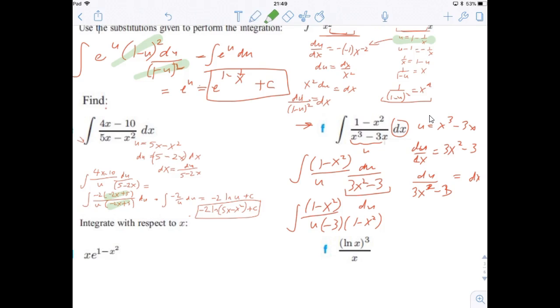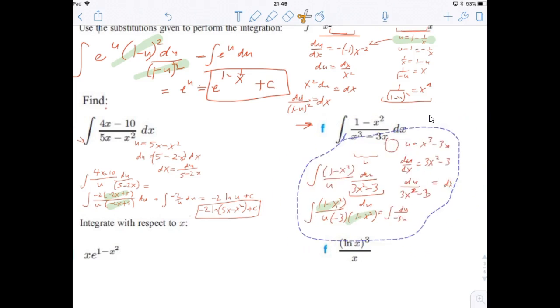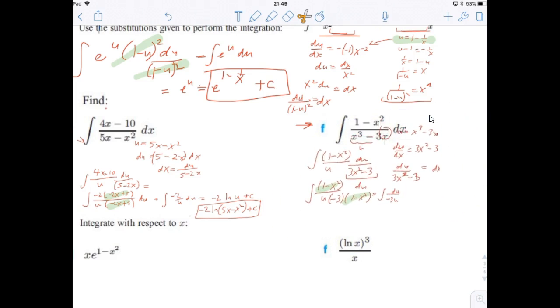And then we know that this and this cancel out, and we're left with something quite simple, integral of 1 over negative 3u du. We're very close now.